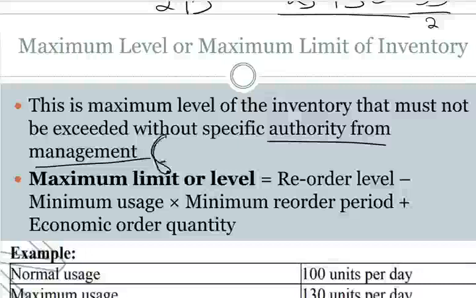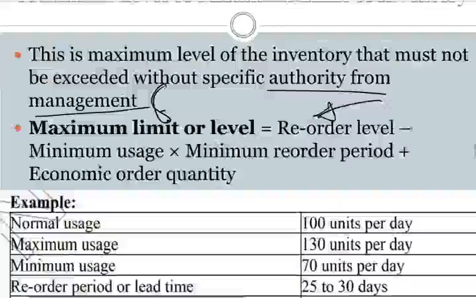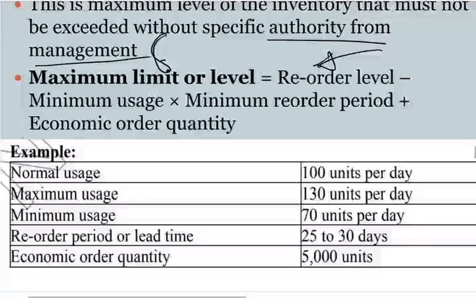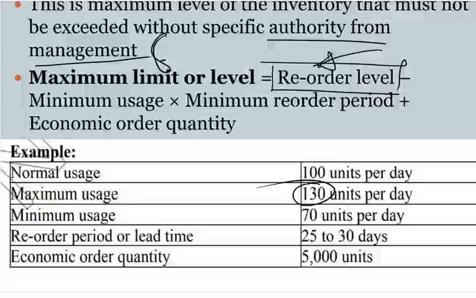So for us to create maximum level, we also have to use reorder level, right? Reorder point minus minimum usage times minimum reorder period plus economic order quantity. So it's a longer formula, right? Let us first find our reorder point. How do we find it? Maximum daily usage is 130, maximum lead time 30.